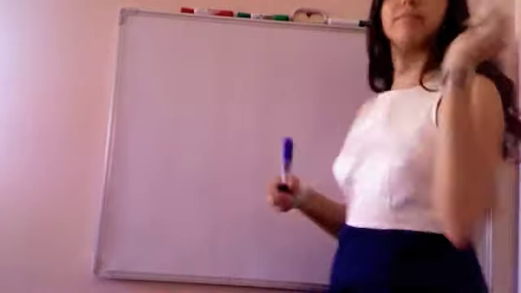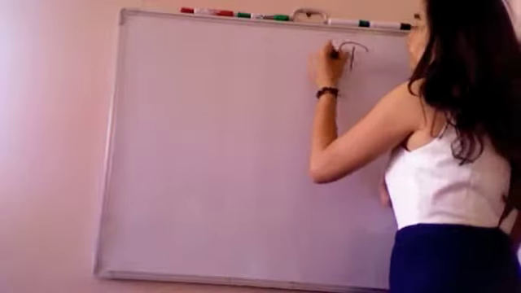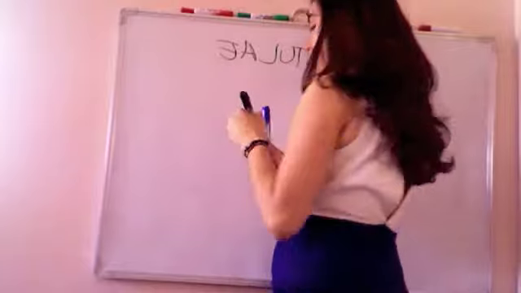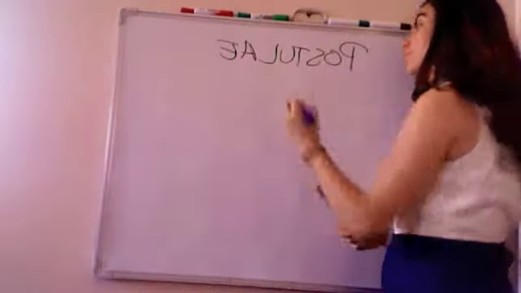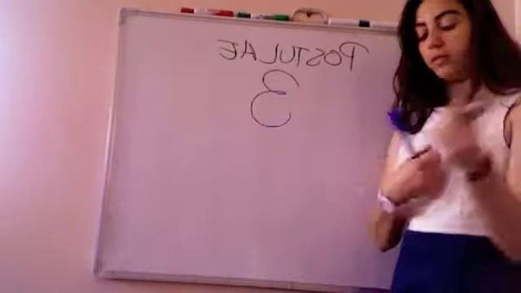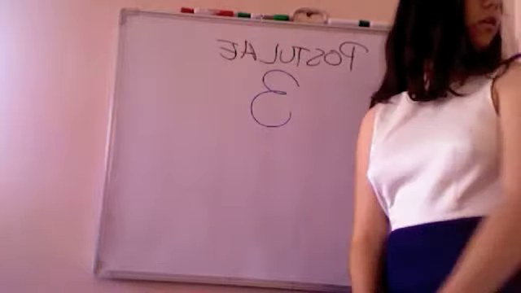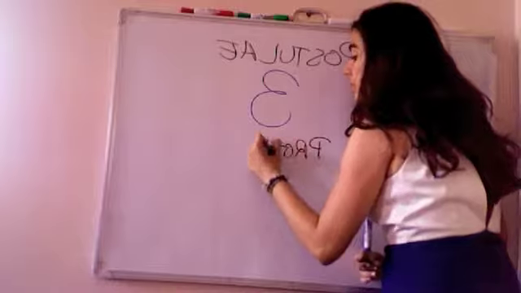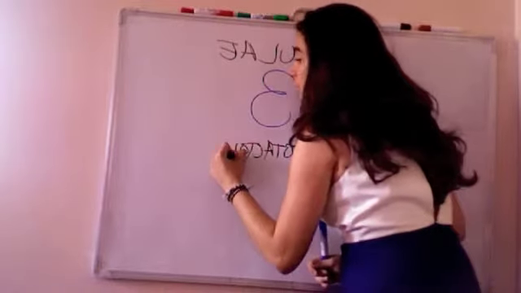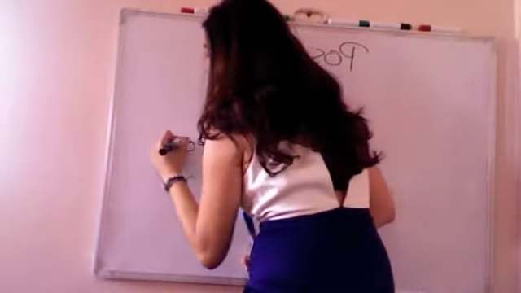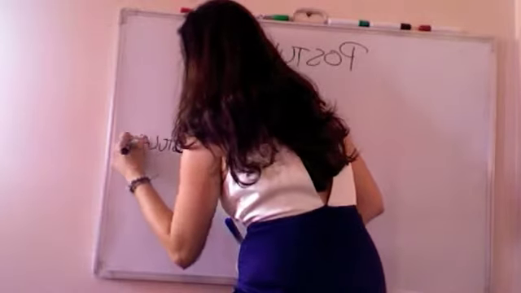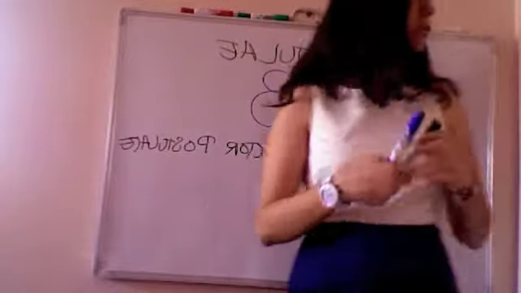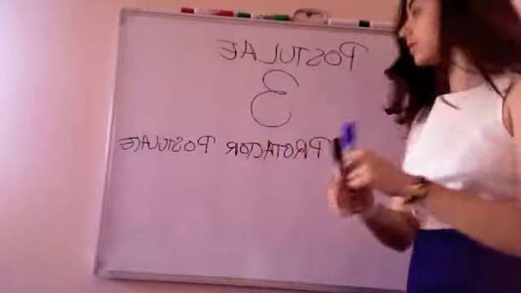Postulate number 3 is also called the protractor postulate. What it states is, for example, let's consider an angle.